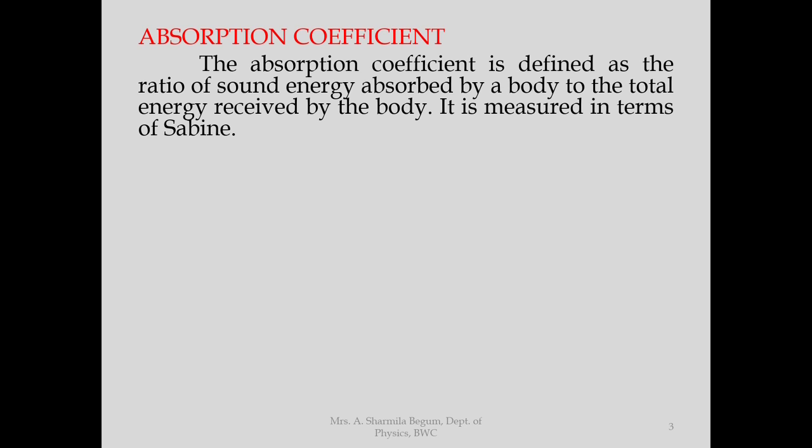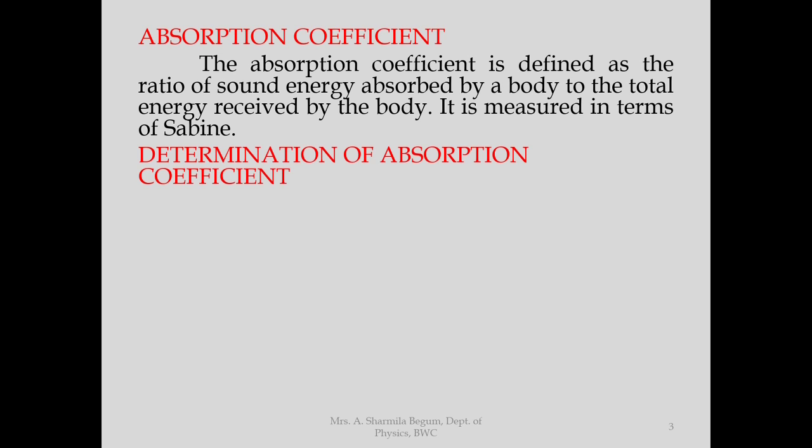So, it is equivalent to the ratio of sound energy absorbed by a particular substance to the total energy falling over the body. So, this we call the absorption coefficient. To honor Sabine, who gave a formula for reverberation time, the absorption coefficient is measured in a unit called Sabine.